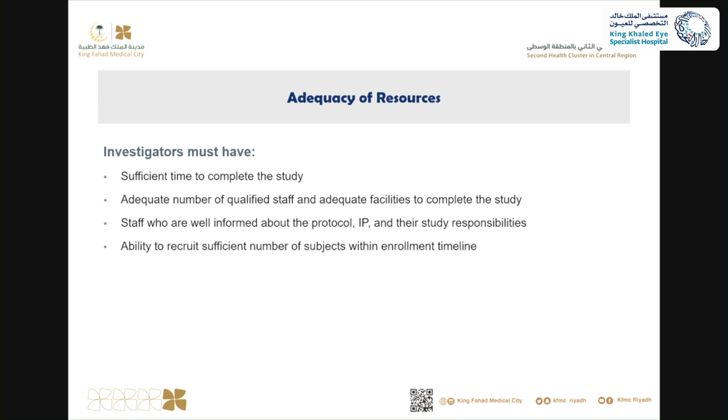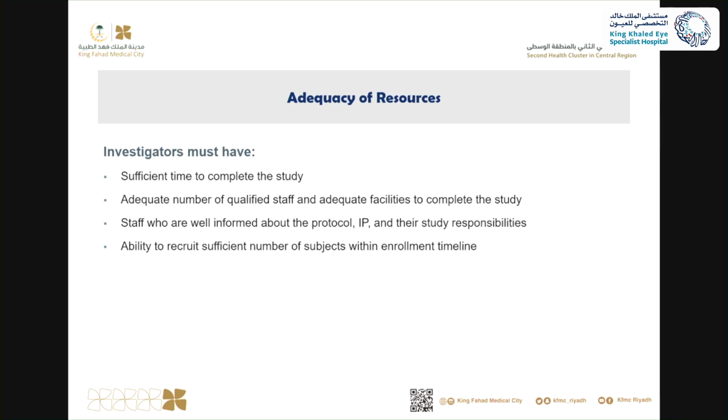That's why all sponsors, when they reach any institution to conduct a clinical trial, send a form called the feasibility form. They want to assess whether your site is able to provide the adequate resources to conduct the study. This includes the number of eligible patients to be included in the study.